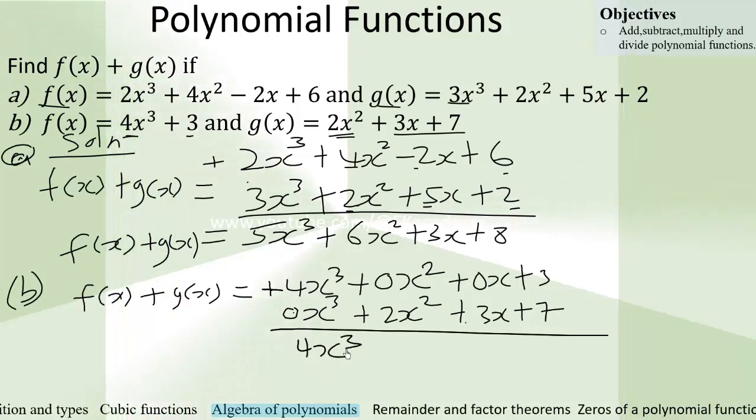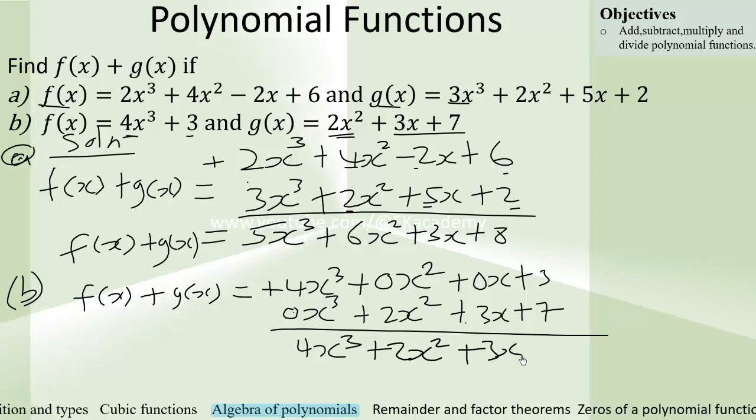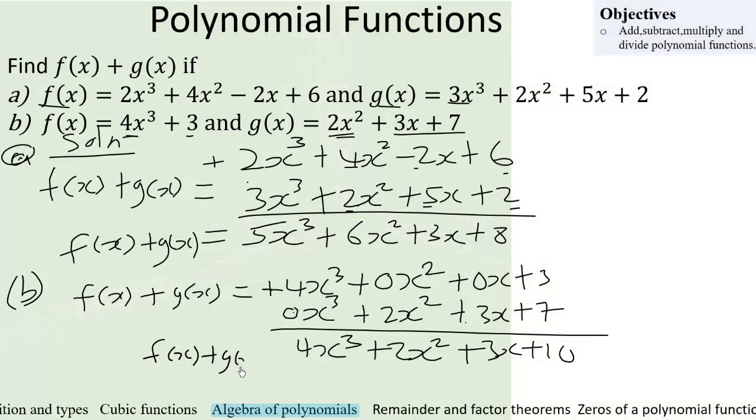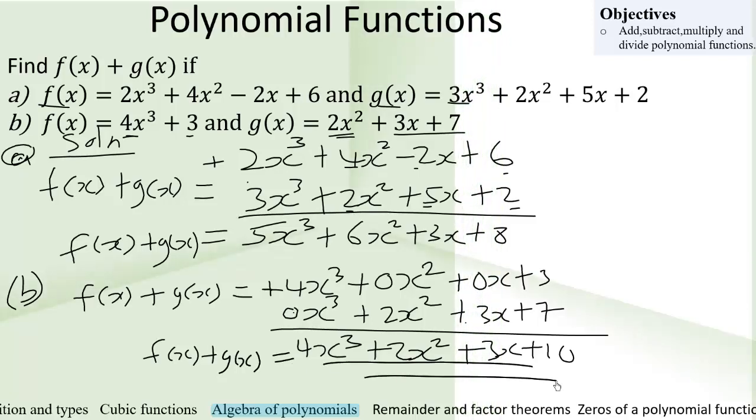Then 0x squared plus 2x squared will be 2x squared. Then we have 0x plus 3x will be plus 3x. Then 3 plus 7 will be 10. So f of x plus g of x is equal to 4x cubed plus 2x squared plus 3x plus 10.